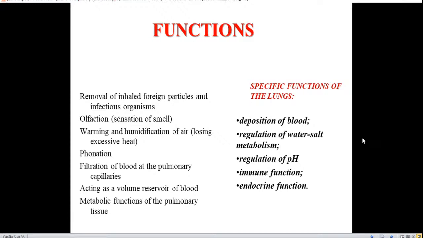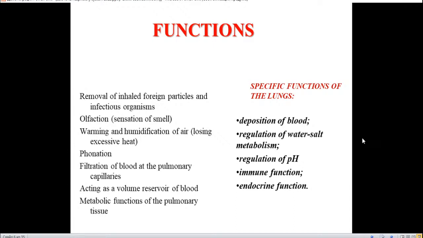First of all, removal of inhaled foreign particles and foreign organisms, olfaction, warming and humidification of the air, phonation, filtration of blood in the pulmonary capillaries, acting as a volume reservoir of blood, so accumulation of blood can happen in the respiratory system, and some metabolic functions of the pulmonary tissue.